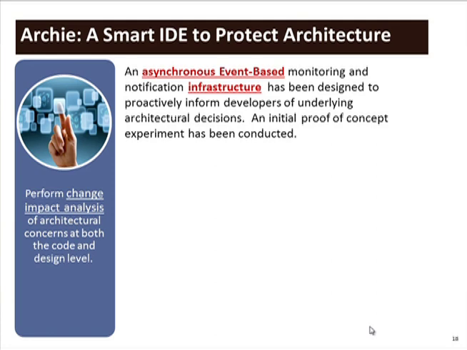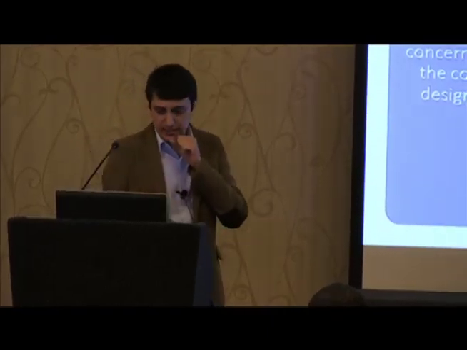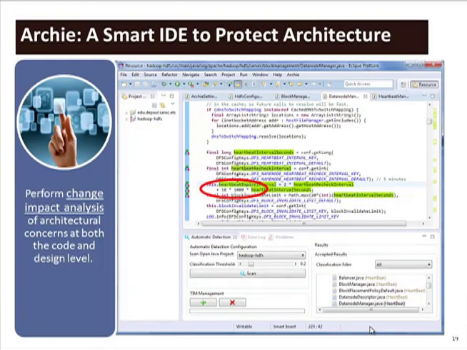So if a programmer modifies a piece of code which is architecturally relevant, Archie recognizes it and notifies the developer. Here is an example of heartbeat in the Hadoop HDFS project. Here the circle shows the heartbeat period, which is 10 multiplied by 1,000 milliseconds.